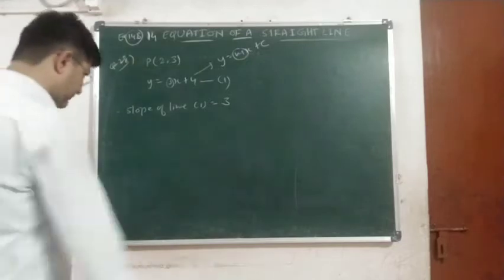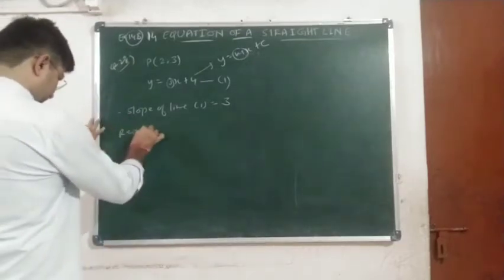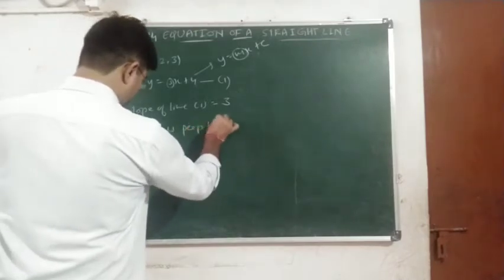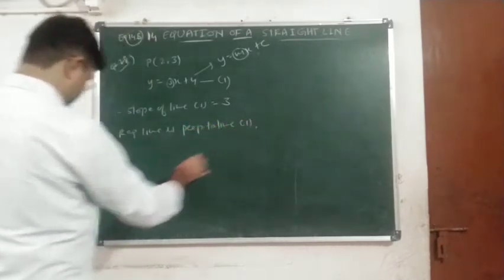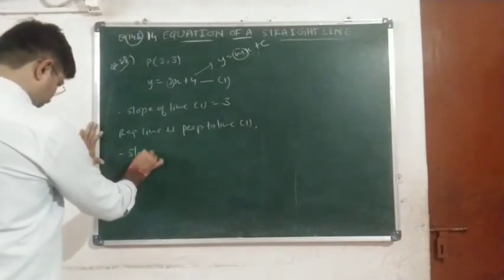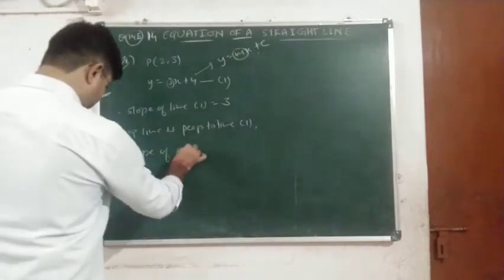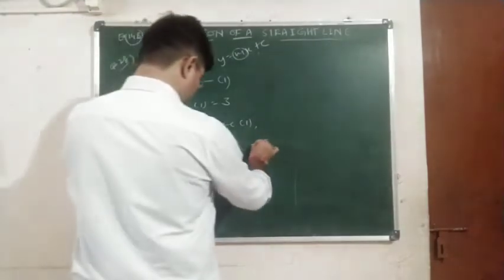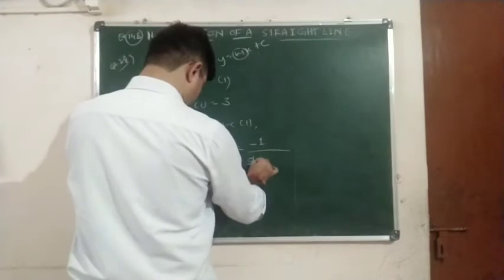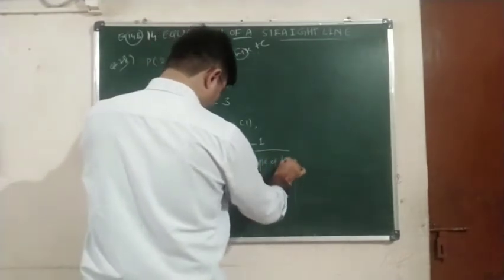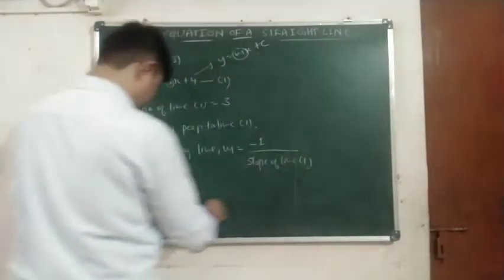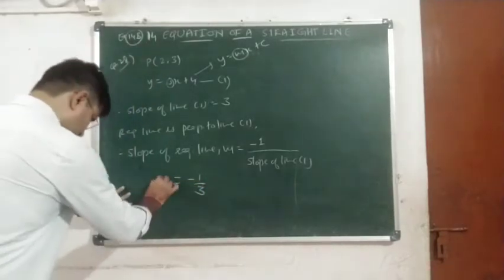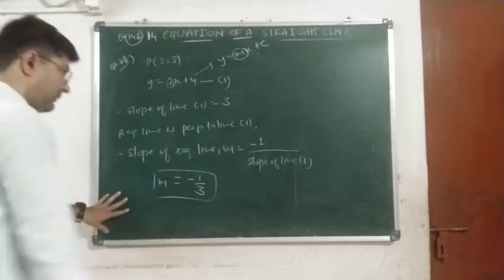Now the required line is perpendicular to line 1, and therefore the slope of the required line, denoted by m, is equal to minus 1 upon the slope of line 1, which is equal to minus 1 upon 3. Okay, this is the slope of the required line.